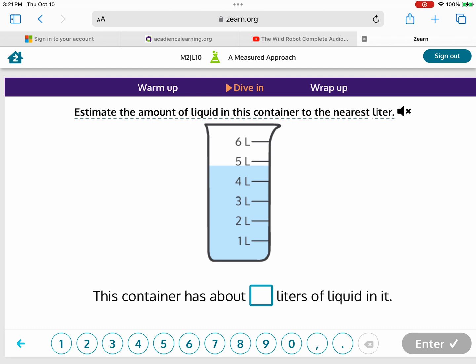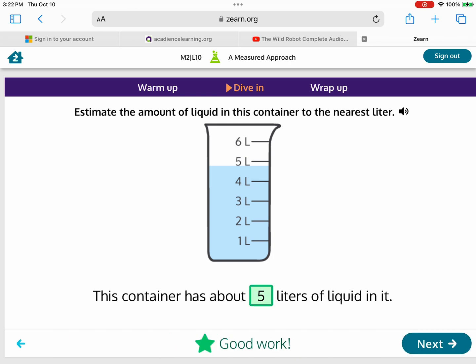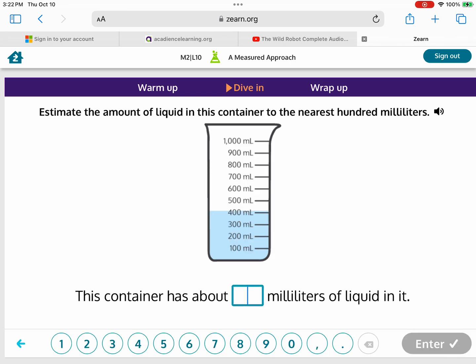Estimate the amount of liquid in this container to the nearest liter. Estimate the amount of liquid in this container to the nearest 100 milliliters.